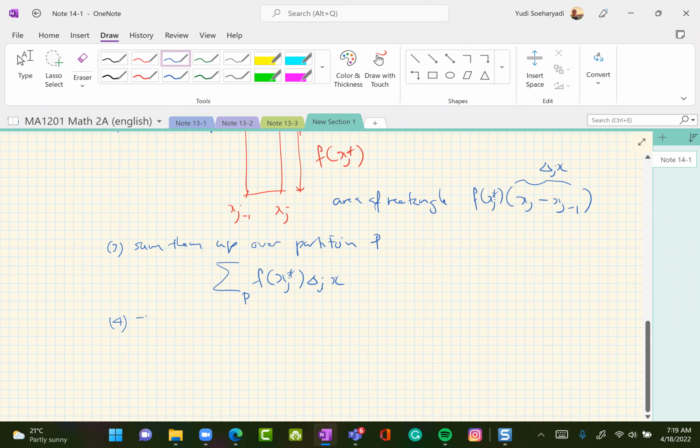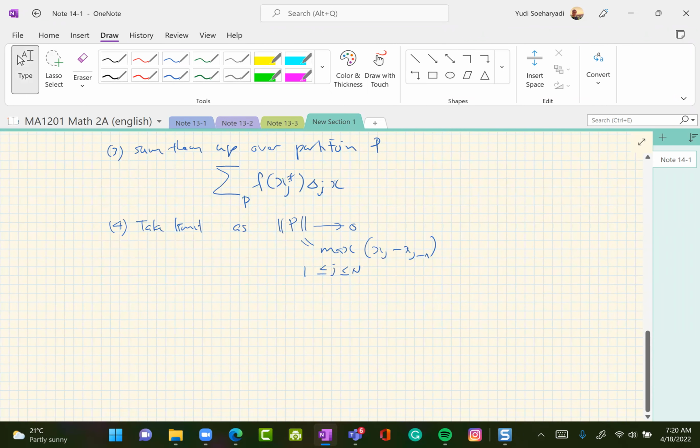And the fourth, take limit as the partition gets finer, or we say that the norm of partitions goes to 0. We call this the maximum of xj minus xj minus 1, so 1, 2, say n. Okay, so the largest one. Take limit.